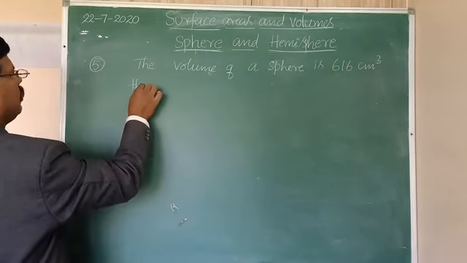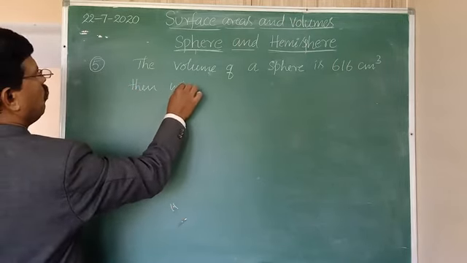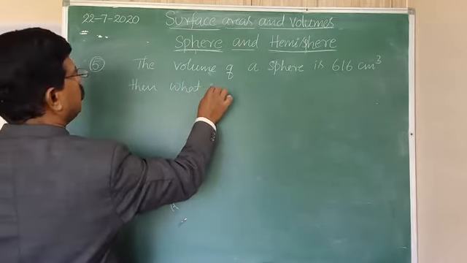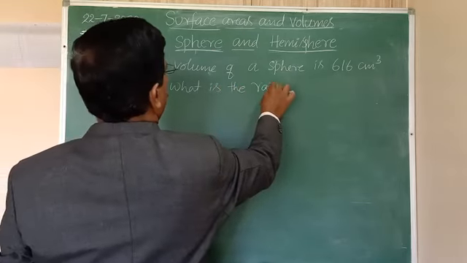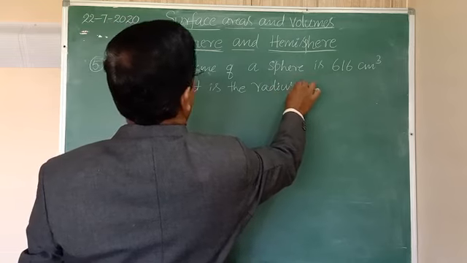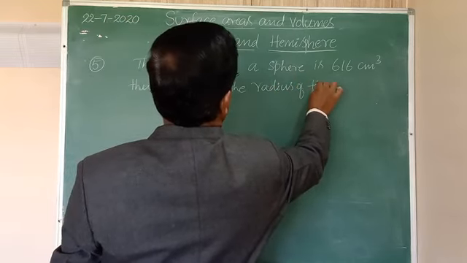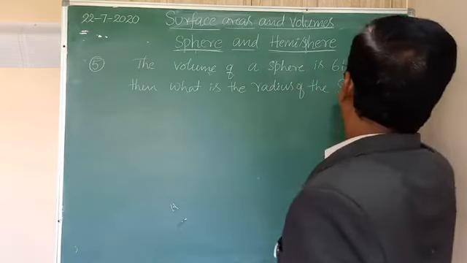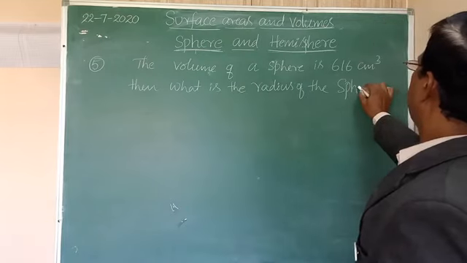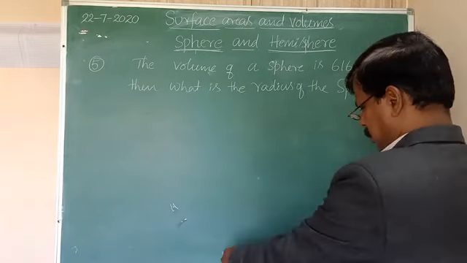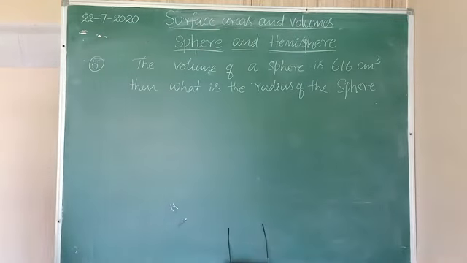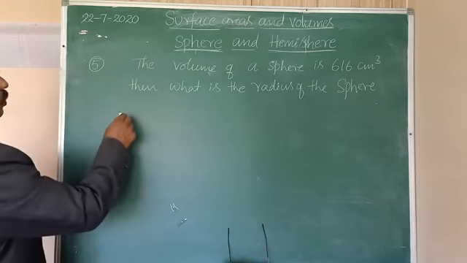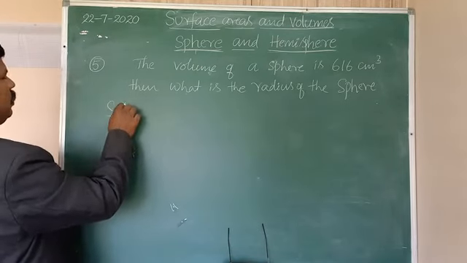Then what is the radius? What is the radius of the sphere? Here in this, they have only given the volume. Then we should find out the radius. So solution.